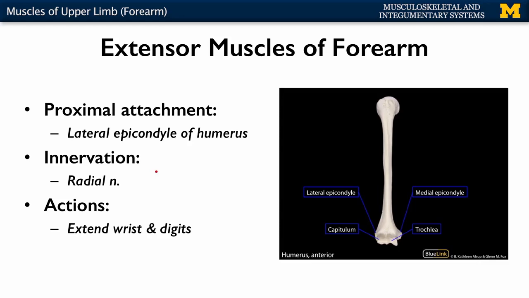And most of these muscles are going to have a proximal attachment to this lateral epicondyle right here. So recall, there's your medial and more robust medial epicondyle. As we discussed before, radial nerve equals posterior. So all these muscles on the posterior side are going to be innervated by the radial nerve.